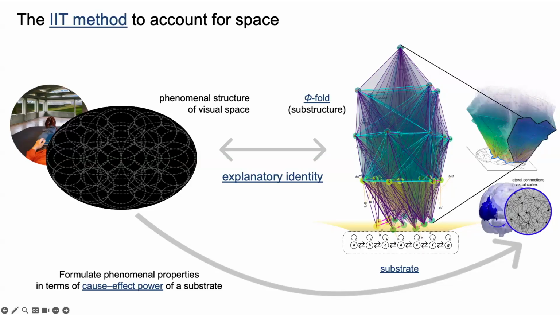And what we want to say is that we actually tried to find the simplest possible type of substrate that can exhibit properties that account for the property of space. And so that's why a 1D grid is actually enough. And the results that you get from a 1D grid can be generalized to 2D grids. So we can talk about this later.